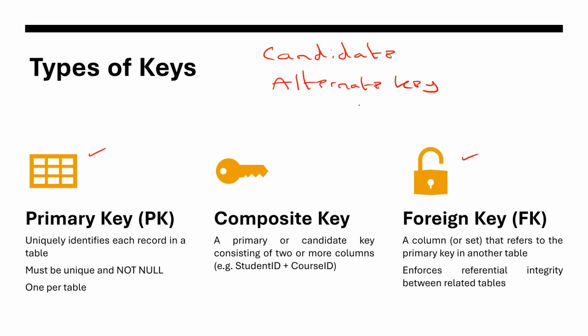There is also the composite key, as I mentioned. There is also something else that we call a surrogate key. The surrogate key is basically an artificial key, often used when no natural keys exist.